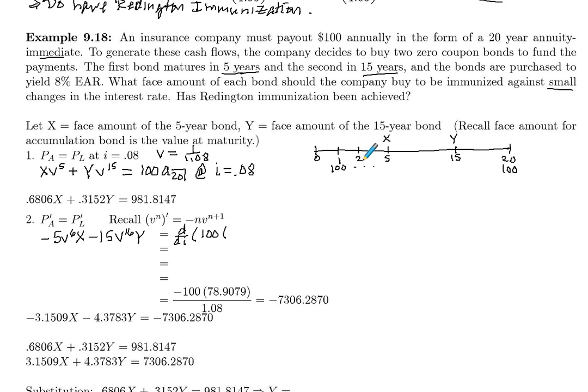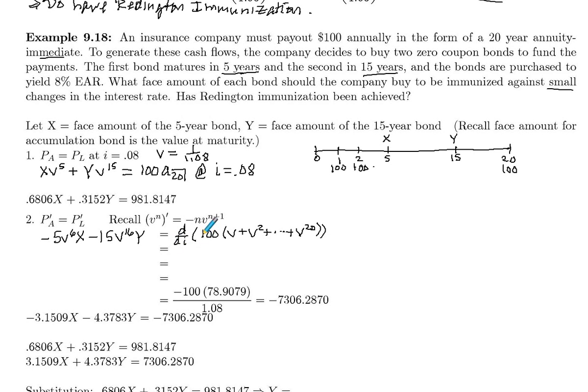The next one is brought back with v squared, and so on up to v to the 20th. So this will be v plus v squared plus ... up to v to the 20th. And we wanted to write it this way so that we can use this formula. The derivative with respect to I of v to the n is -n v to the n plus 1.